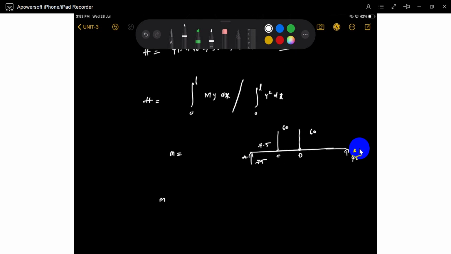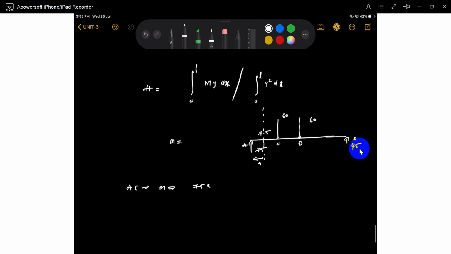So write down the moment for the zone of AC. How can you write it? 75 into x. That's it. AC, 75 into x. You got it? For the CD zone, how can you write it?